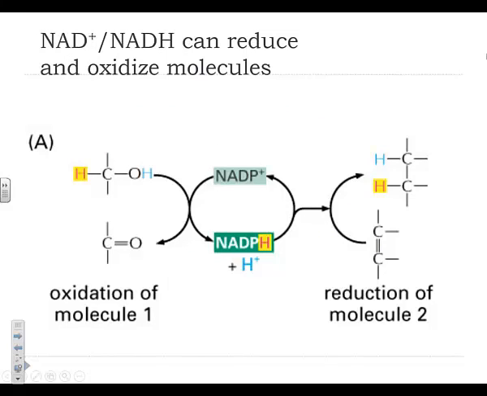So you can think of NADPH as having reducing power, in that it has the ability to reduce other molecules by giving up those electrons.